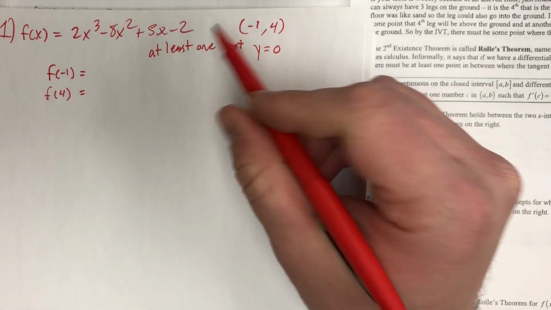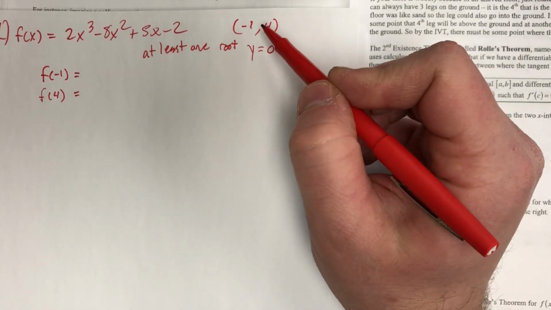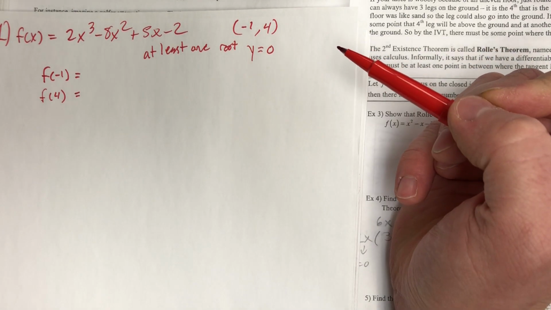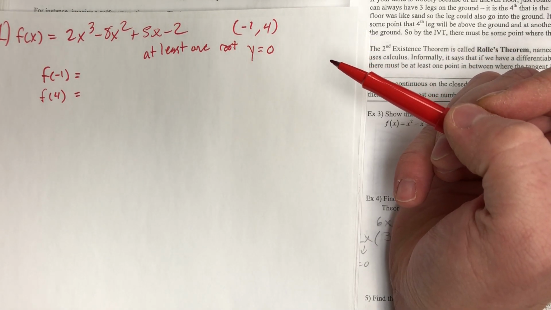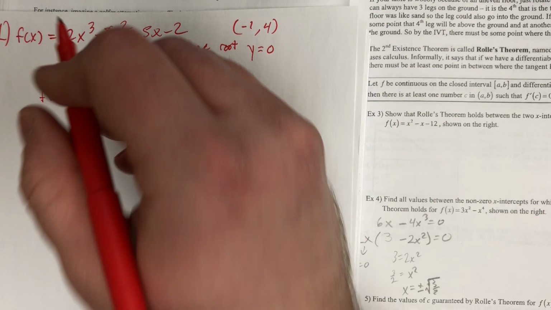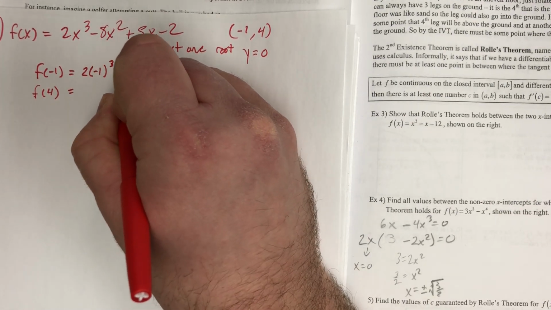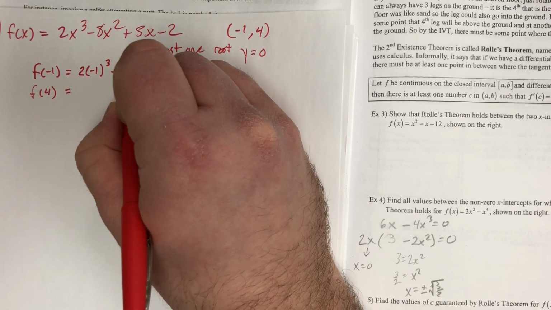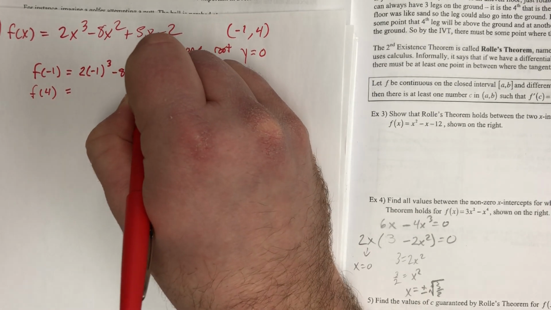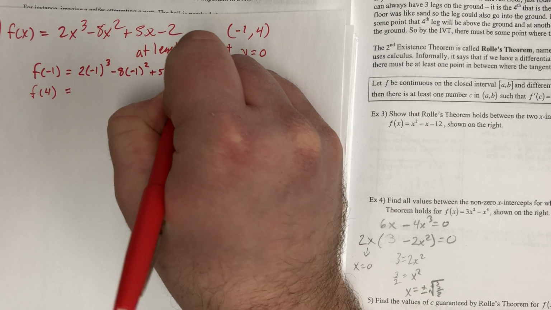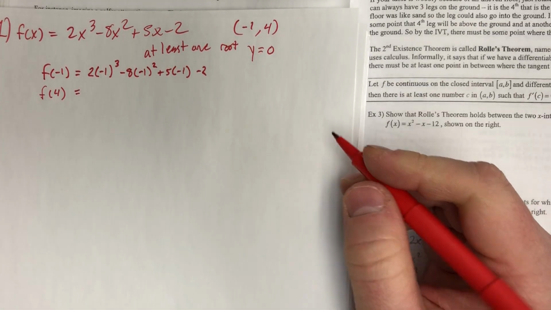Because we're trying to show that this hits a y value of 0 somewhere between those two. So let me plug it in and figure it out. Yeah, I don't want to do this. I'm going to use a cheat code.